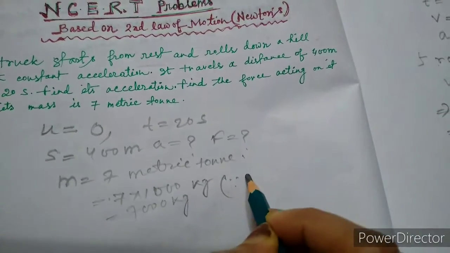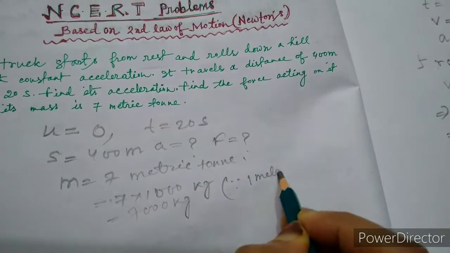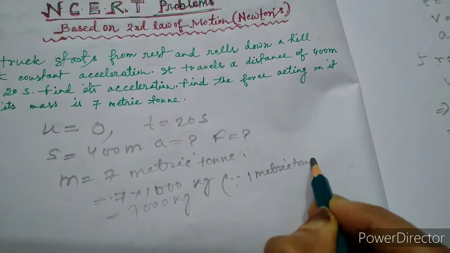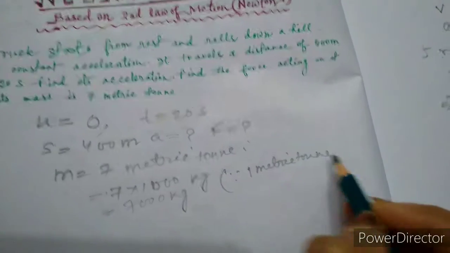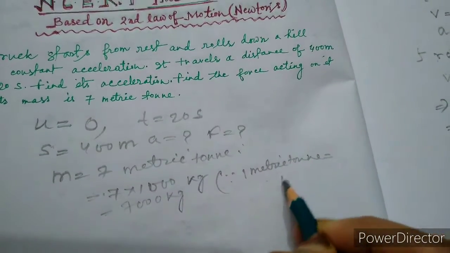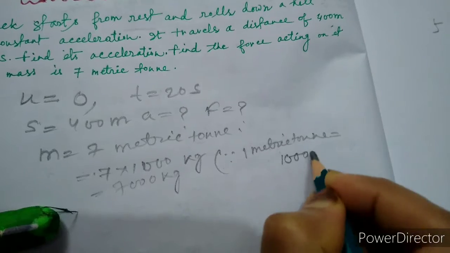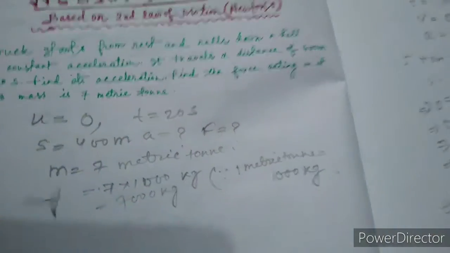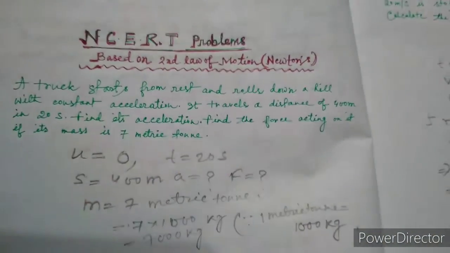Since 1 metric ton is equal to 1000 kg. Okay. Now let me solve.